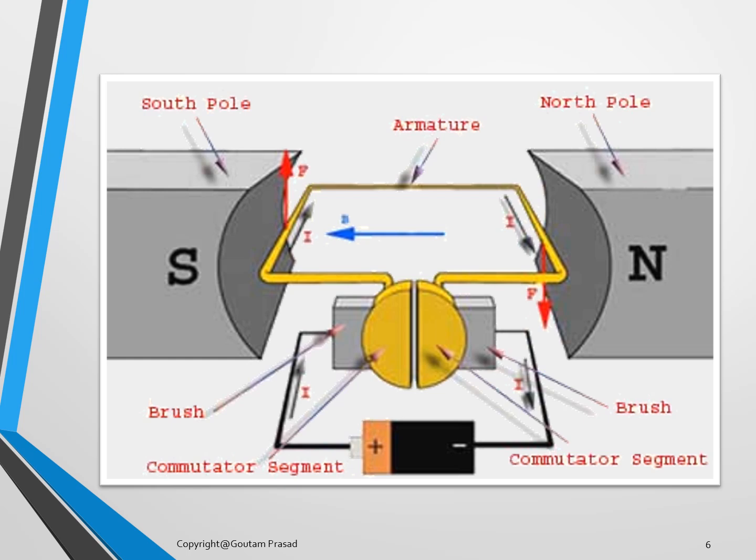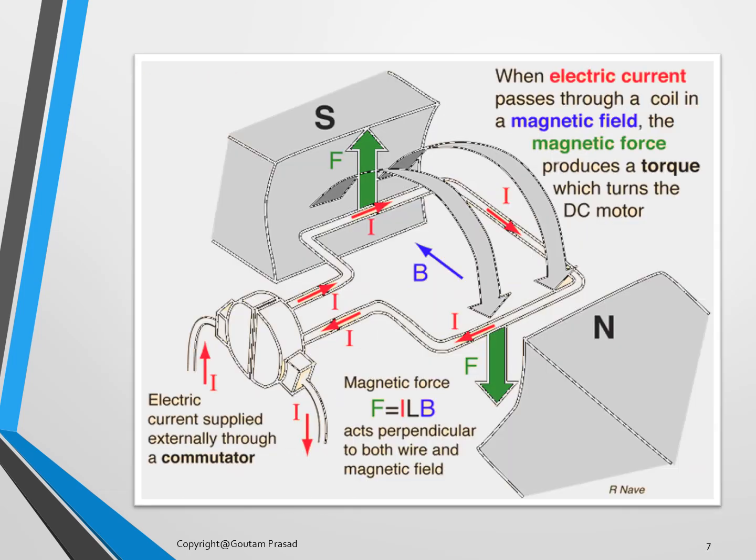The force will cause the rotor to rotate, and gradually different conductors will be facing the lines of force one after another, and they will keep on experiencing the force, and thus the rotor will keep on rotating in a certain direction because of the constant force that is working on the conductors.